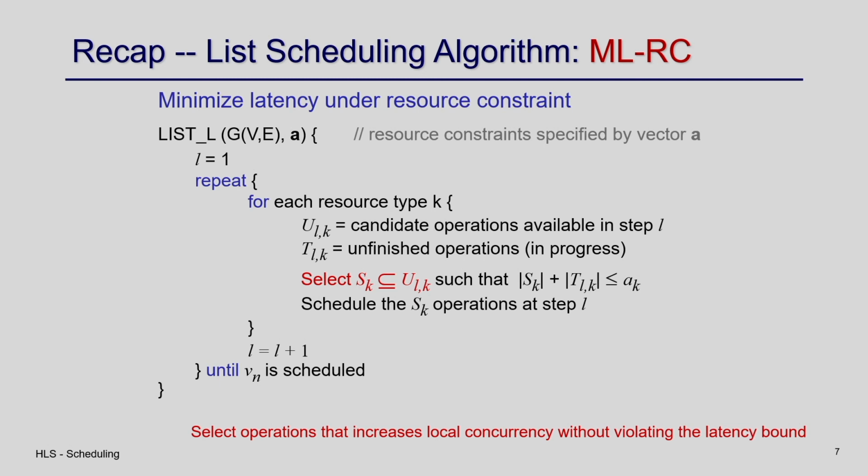Also, for any timestamp L, I identify the operations which were scheduled earlier and are still running. If some operation is already running, I have to allocate resource for it. Suppose I have already allocated the resource for the running operations and still have a few resources available in time step L.